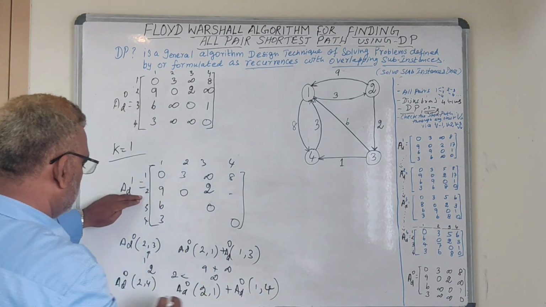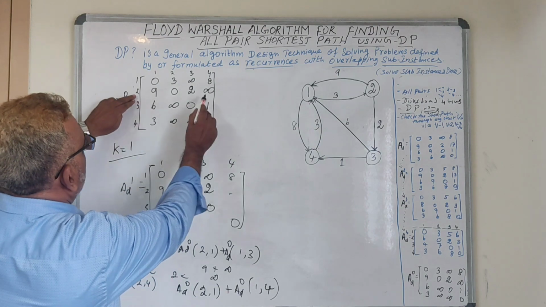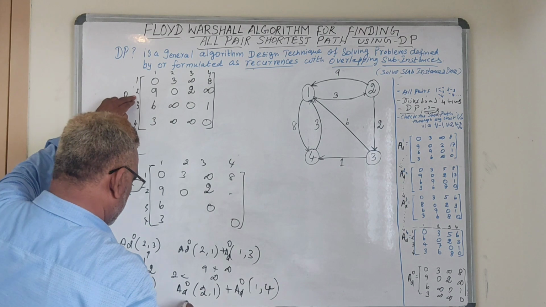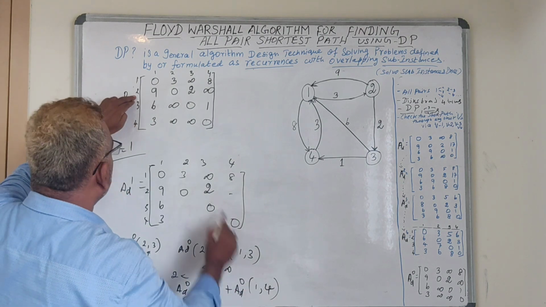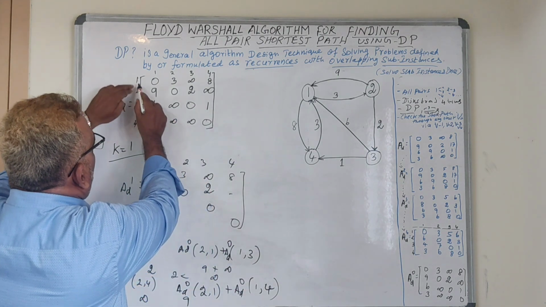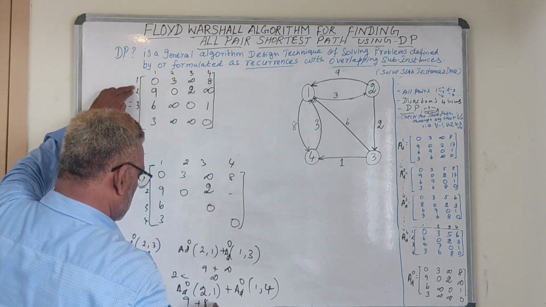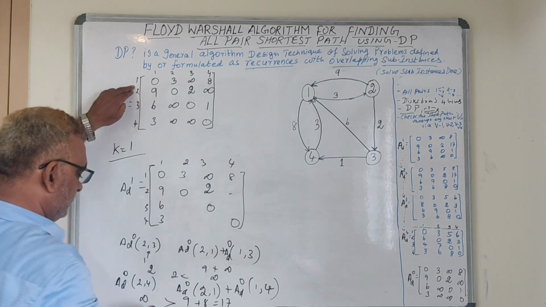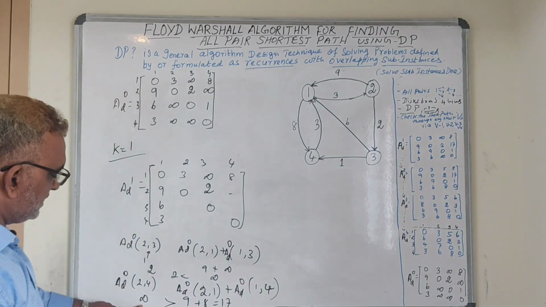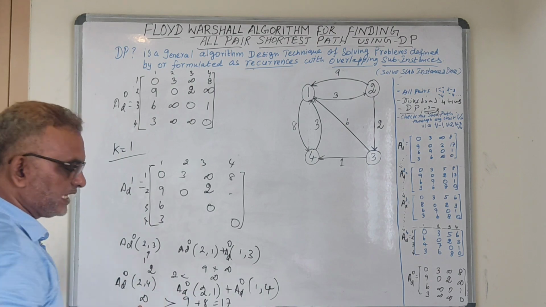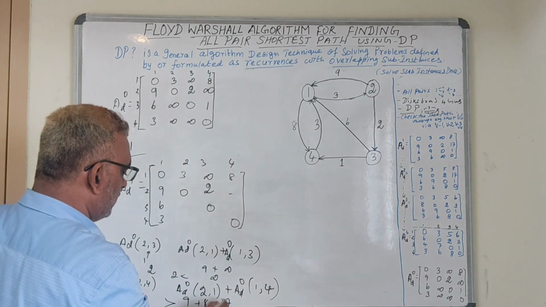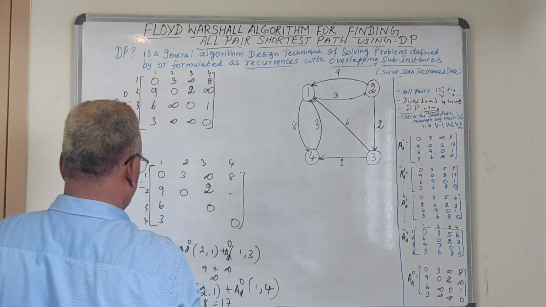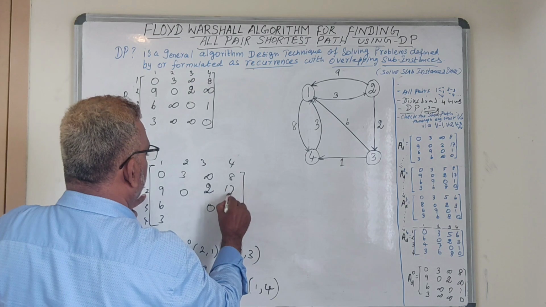So get the values: 2,4 is nothing but infinity, then 2,1 is nothing but 9, then 1,4 is 8. So it is nothing but 17. But 17 is lesser than infinity. The existing value, infinity, is greater than the calculated value, so automatically you perform the relaxation. This is what is called relaxation. So put this value there. So in 2,4 it is 17.